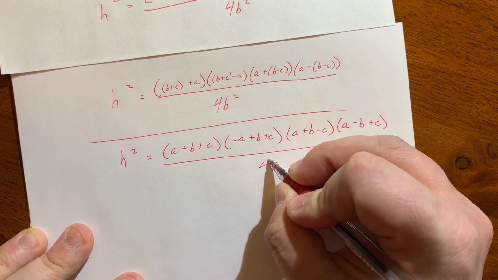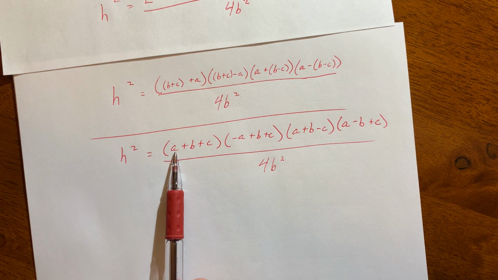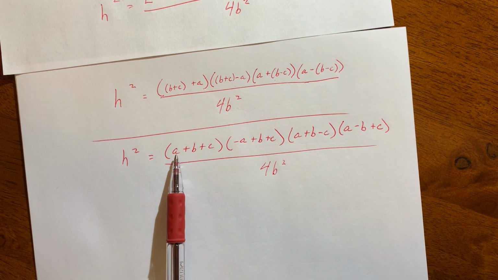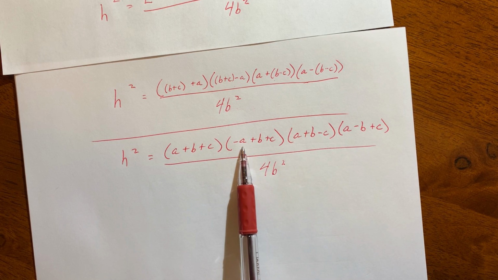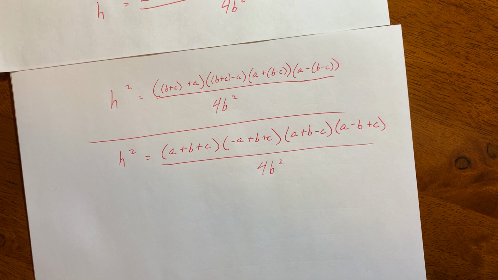All over 4b squared. So you can see every single one of these has all 3 variables. The first one, they're all positive, but then in each of the second, third, and fourth ones, one of them has a negative sign with them. Kind of unique situation that we find ourselves in here.